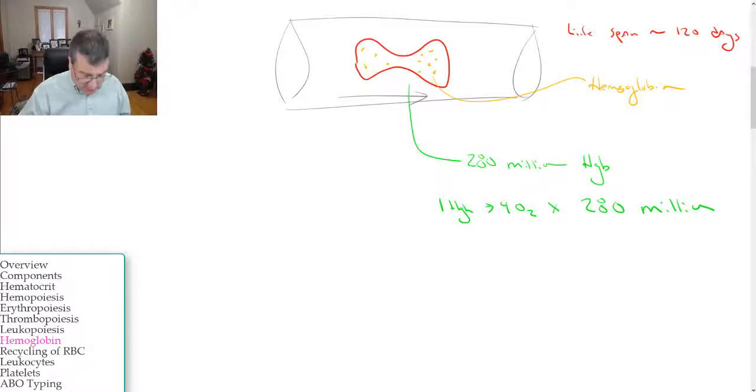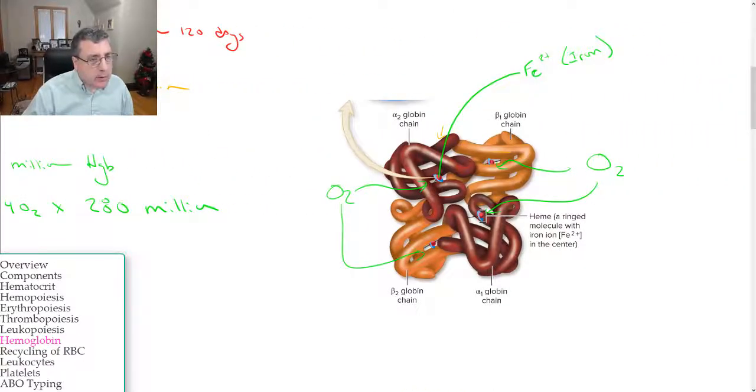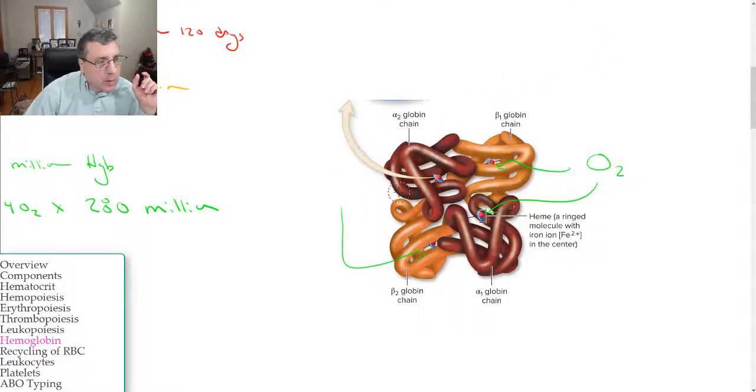Oh, let's talk about binding of the oxygen. Now, oxygen binds very weakly to hemoglobin, and they don't all bind simultaneously. Let me erase some of this and redo this a little bit better, just so it doesn't get confusing.